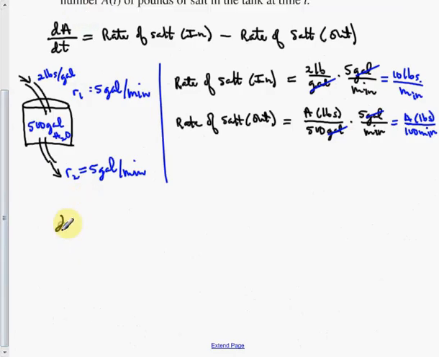Well, the differential equation says that dA over dt is equal to the rate in, talking about salt, so the rate in minus the rate that's going out.